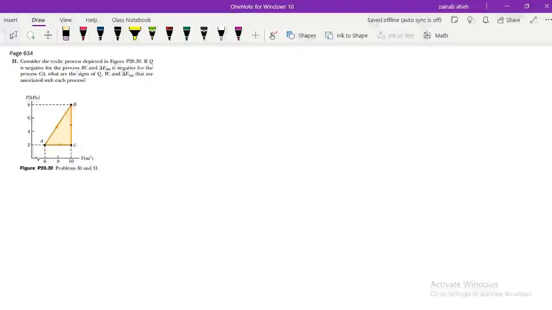Problem 31, page 636. Consider the cyclic process depicted in figure 20.30, which is the figure of the previous problem. If Q is negative for process BC and delta E internal is negative for the process CA, so he's giving me that Q BC is negative, and by delta E internal he means the internal energy during the process CA, which he's saying is negative.